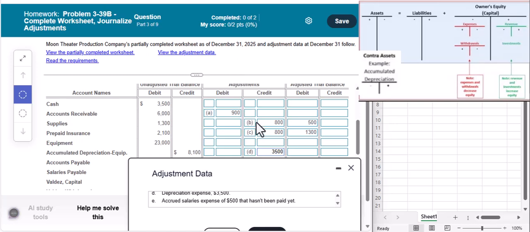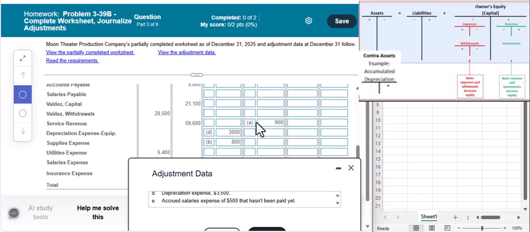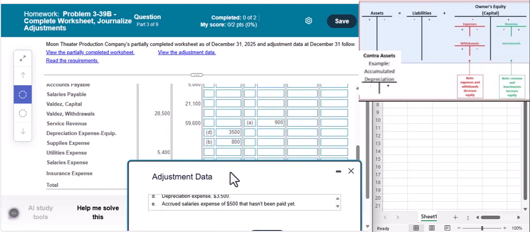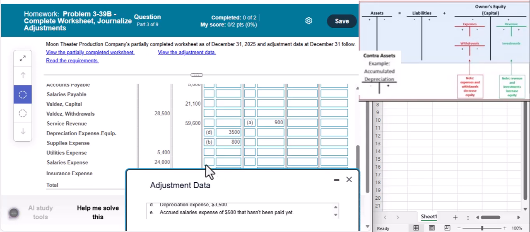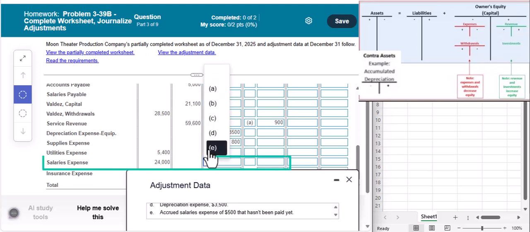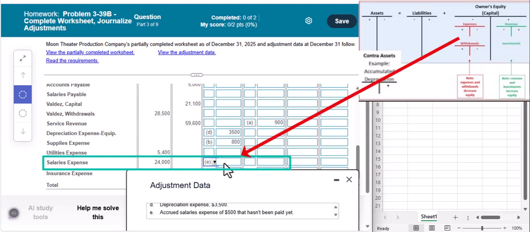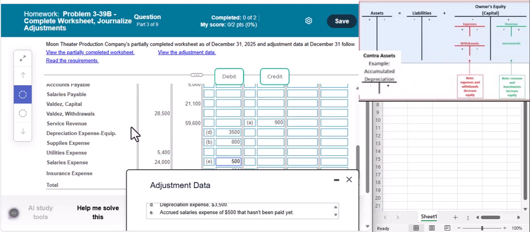So let's go ahead and scroll down to the salaries expense, the second to last account here, and that is going to be transaction E. And again, what side do salaries expenses, and expenses in general, increase with? A debit. So we're increasing our salaries expense, and since we are not paying it, cash is not involved. However, that salaries payable is.